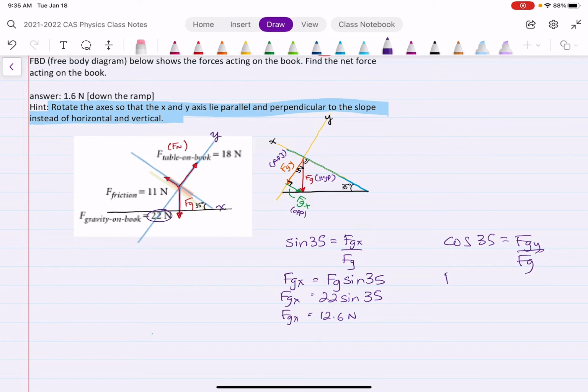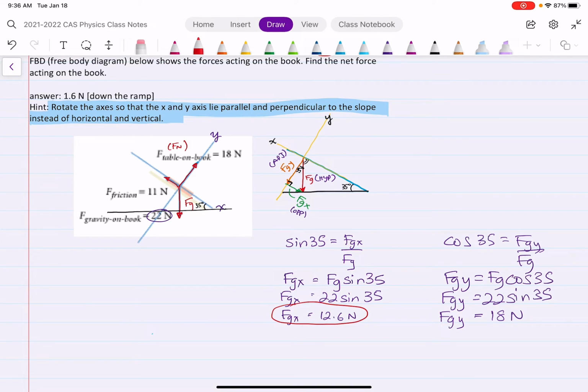And then FGY equals FG cosine 35, which is 22 cosine 35. Putting that into your calculator, FGY works out to 18 newtons. So now we have FGX and FGY.